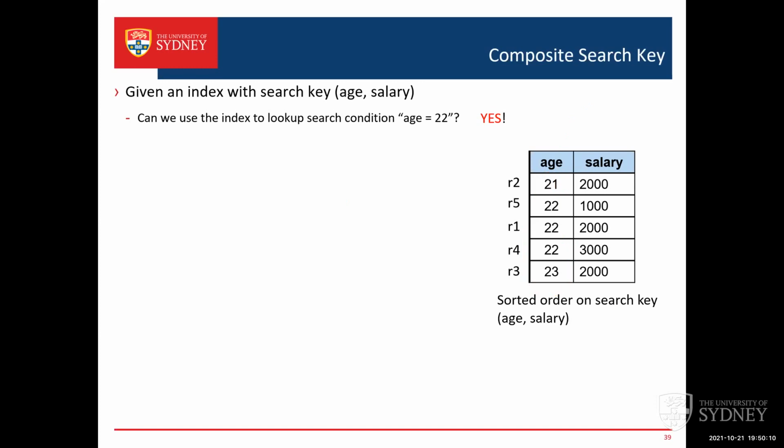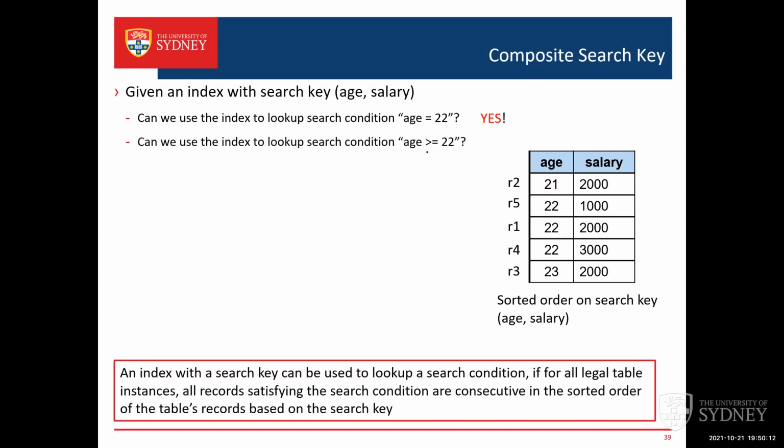What about this condition, age greater than 22? Does this help? What do you think? Yes, no? Can you use this index to answer this query where the condition is age greater than or equal to 22? Yes, definitely, because everything is sorted based on age.